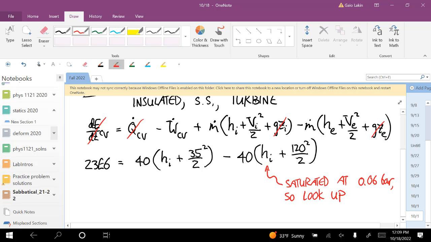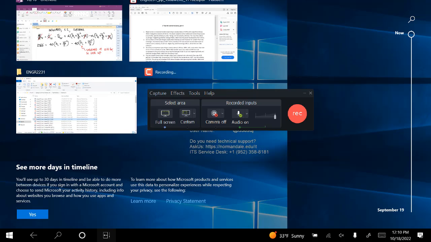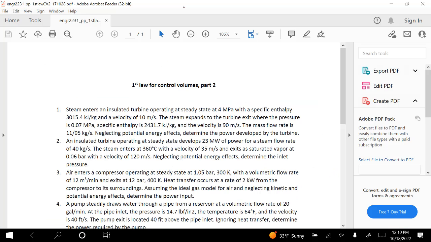And that lets you solve for the enthalpy at the inlet. And once you calculate that enthalpy at the inlet, then you can do sort of a reverse lookup to get the pressure at the inlet. Okay.